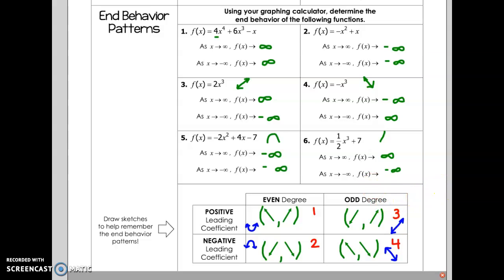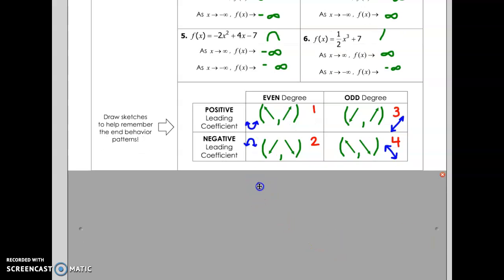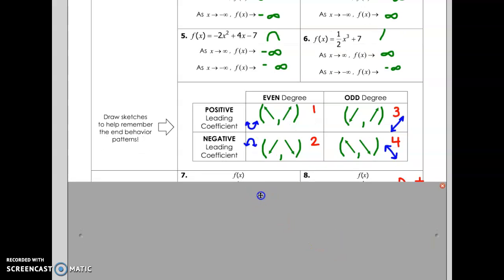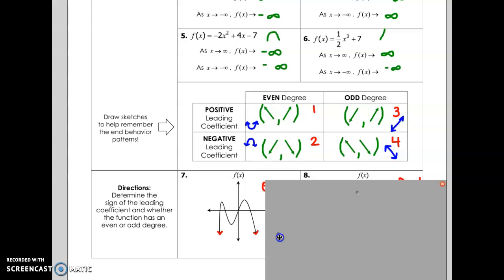All right, this last little part is going to give you some functions. They're going to ask you if it is even degree or odd degree, and if it's a positive or negative leading coefficient. So for number 7, the function that you're given opens down in both directions.